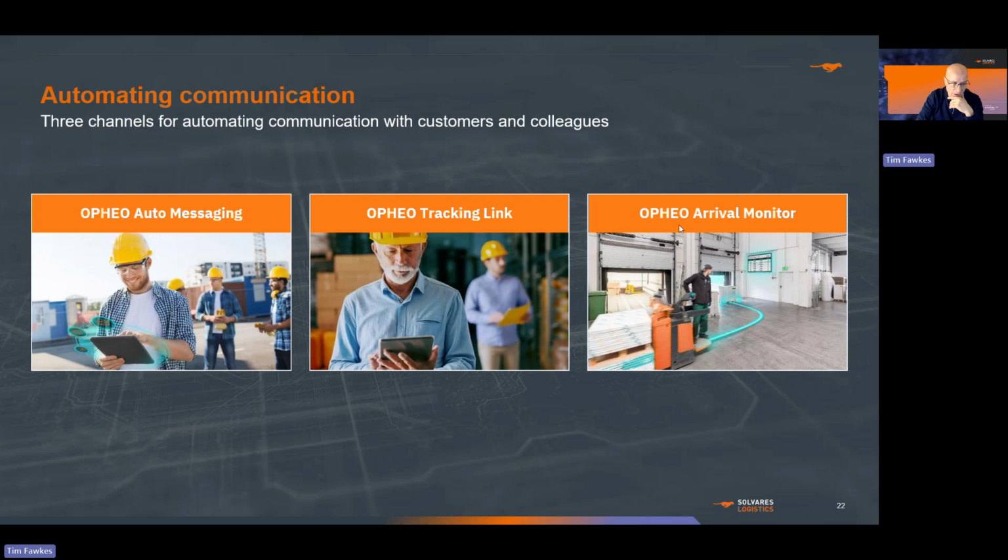And then we have the Opheo arrival monitor, which we talked about, which you can see on the screen on the wall in the dispatch function, which shows you the order in which the vehicles are returning. And therefore, the dispatch team can get the load ready for the next available vehicle.